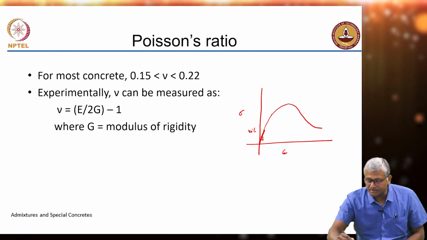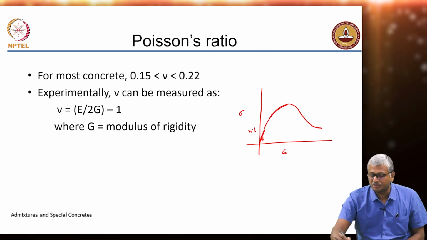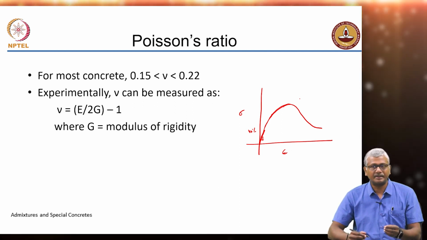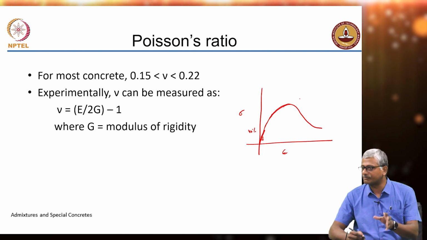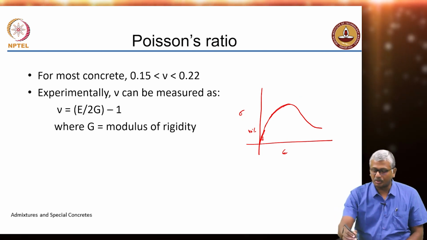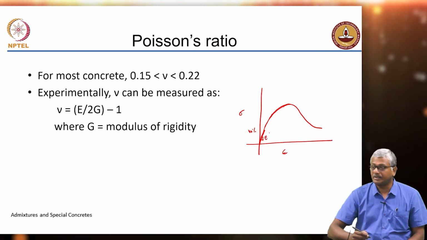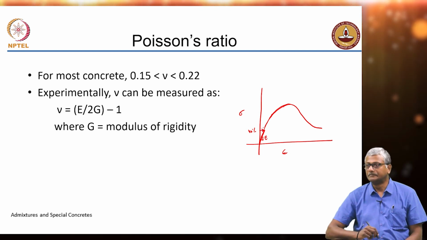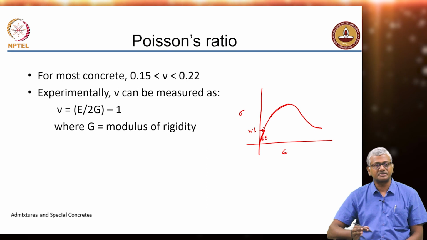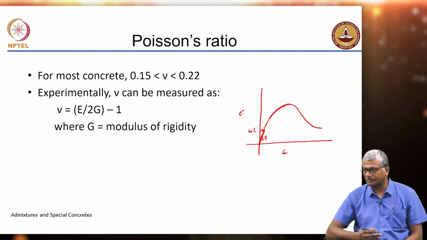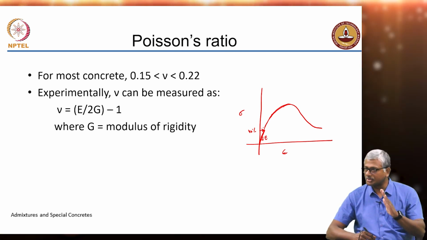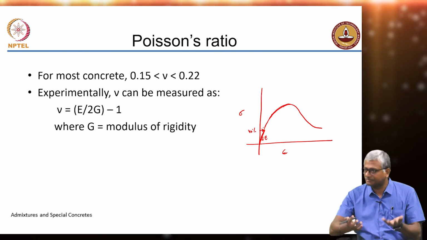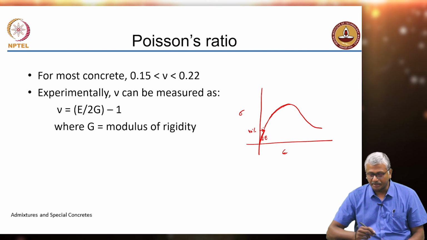What happens beyond is a highly nonlinear sort of a behavior which we do not really have the possibility to perfectly model and we can't really predict what is happening there, because of which the choice of modulus is only up to the first 40% of the load. Or if you go to the British standards, it is even 33%. So, even there the relationship may not be perfectly linear, but if you test fast enough, you are likely to get a linear relation. Okay.